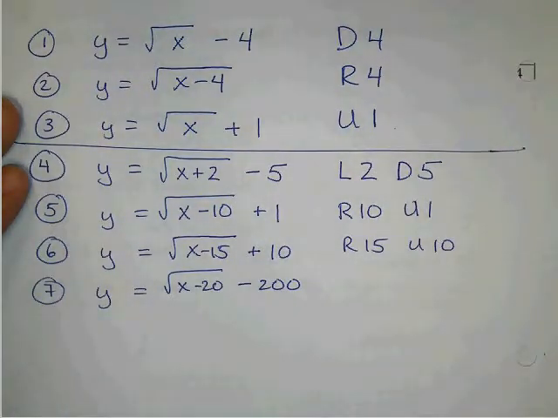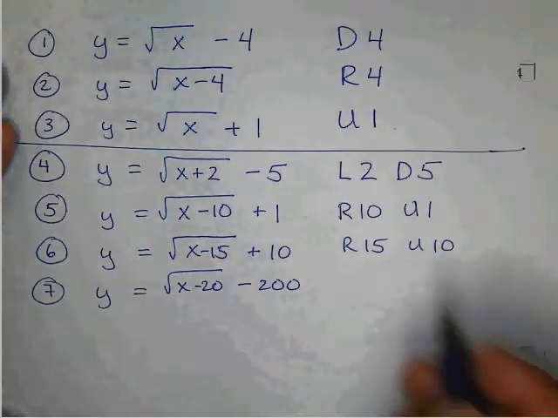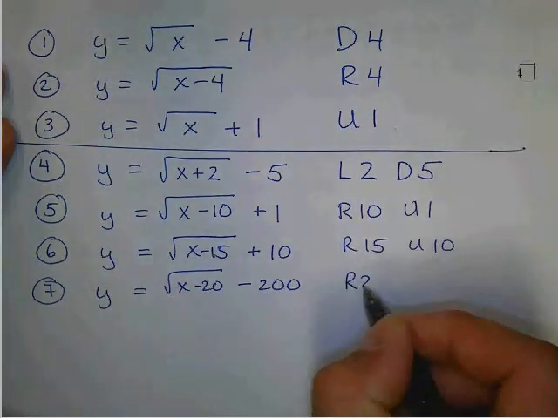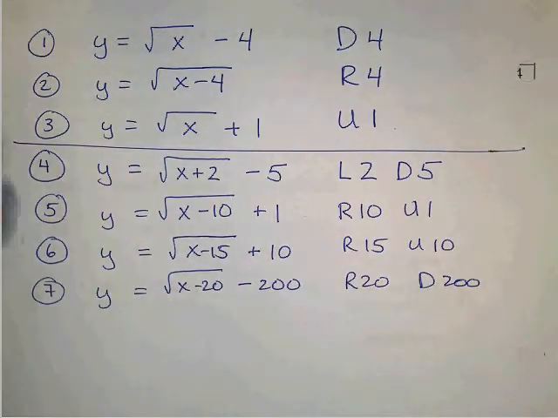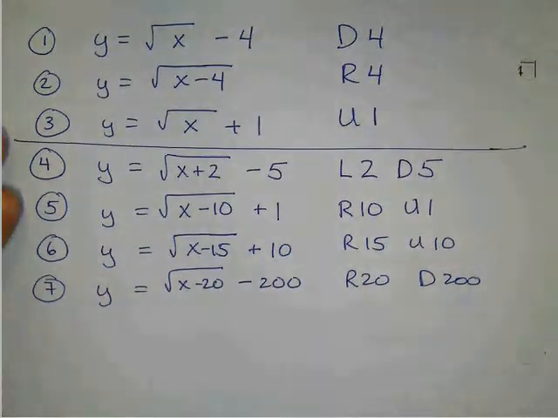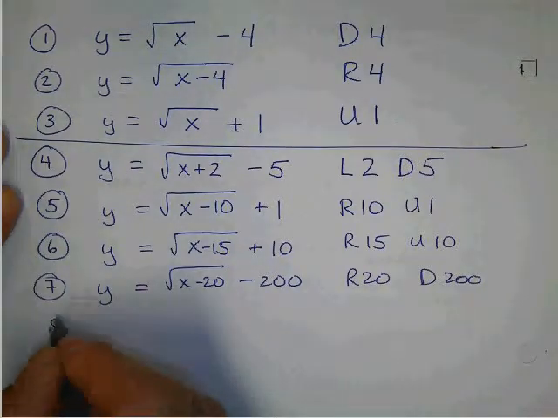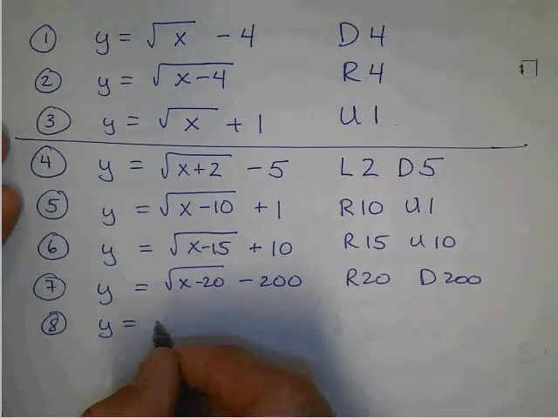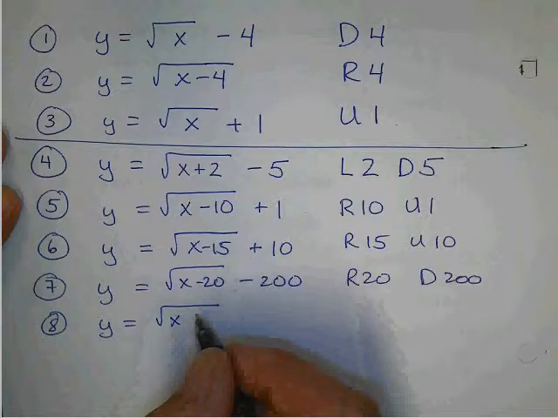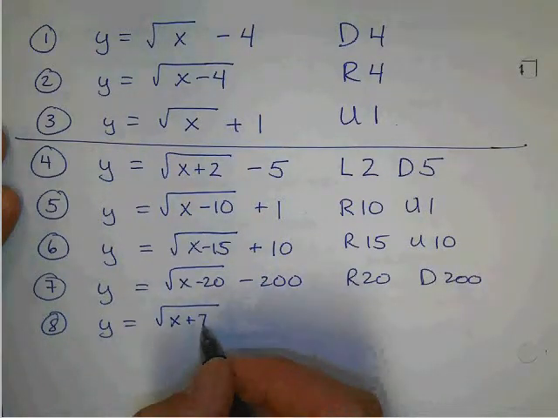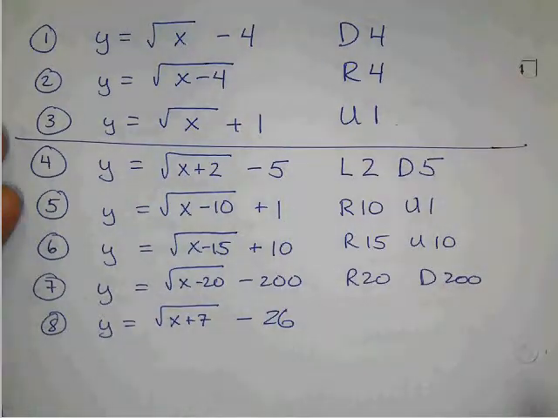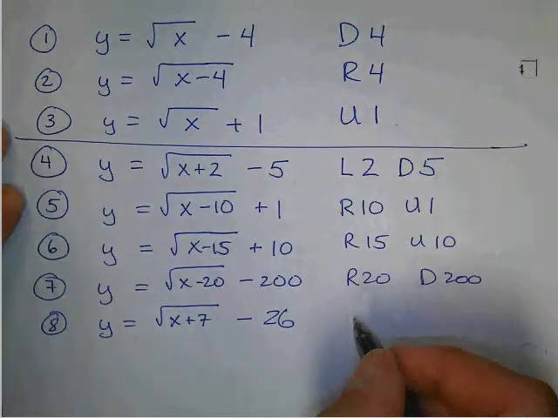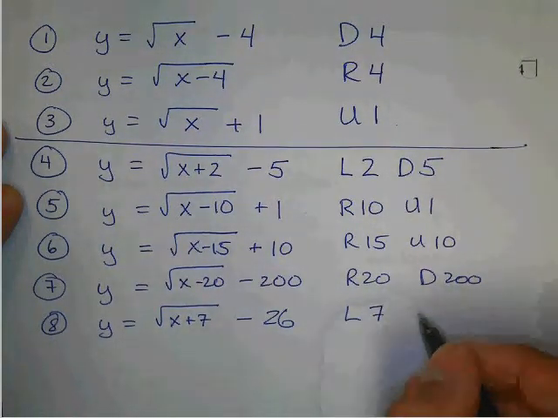I'm going to make it minus 200 just so they're different. All right, who's going to answer John's question? All right, Kyle? To the right 20 and then down 200. Nice. All right, Kyle, you make the next one. Square root of x plus 7 minus 26. Who's got it? Noah. Left 7 and down 26.